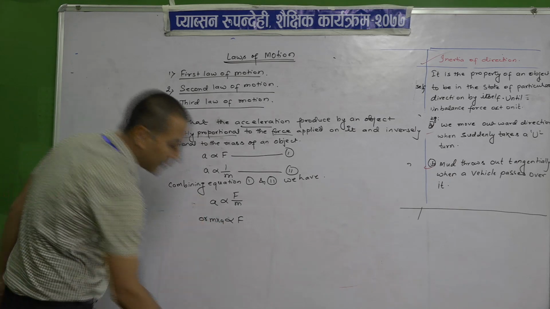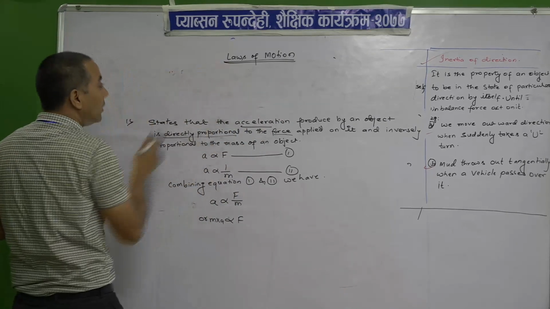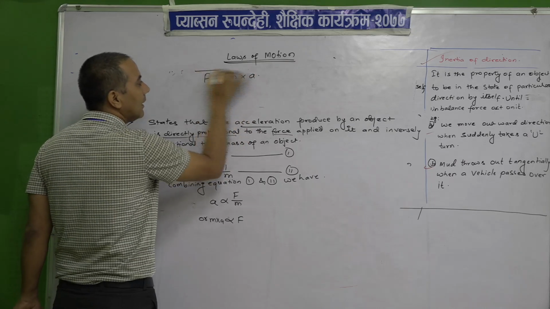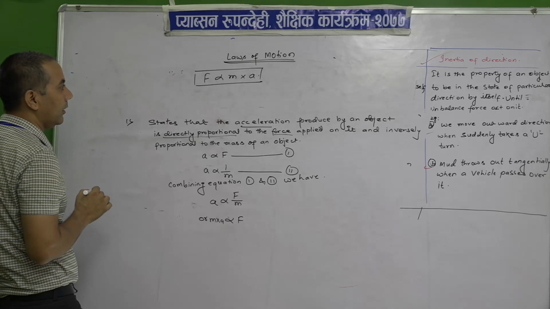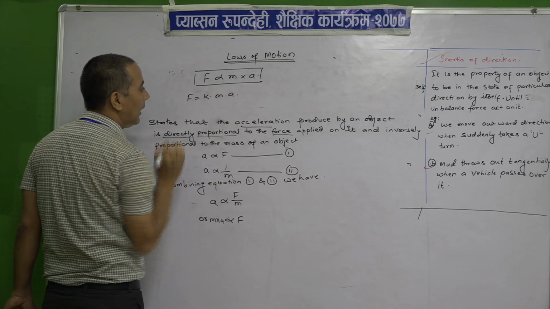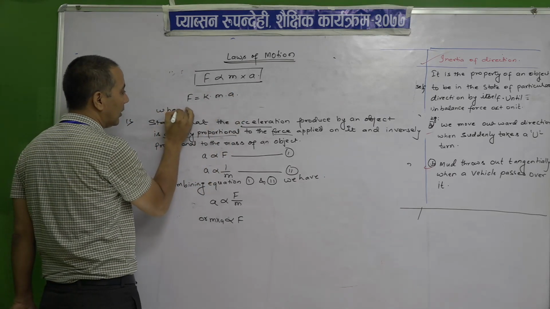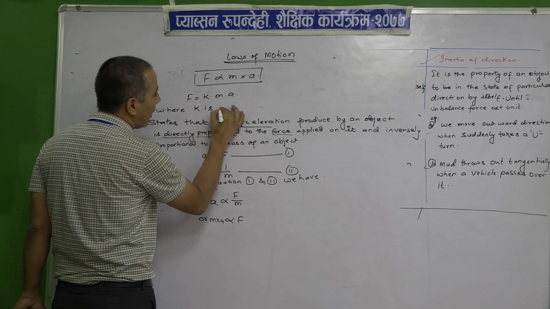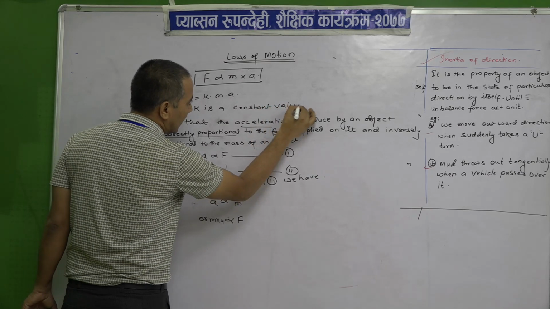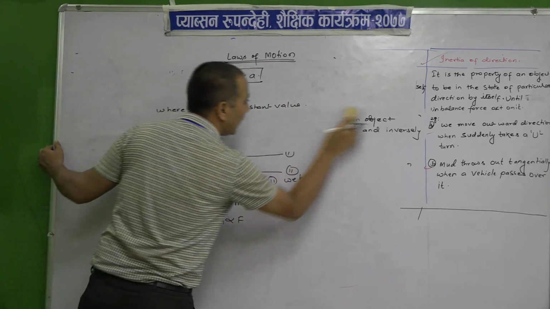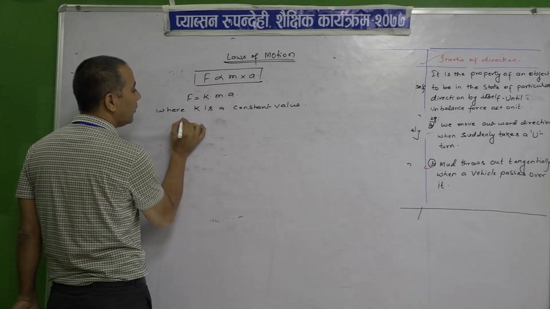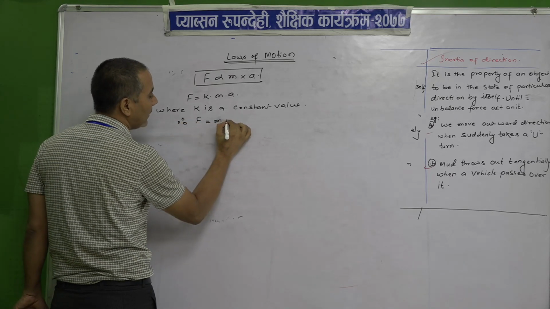So F is directly proportional to the product of mass and acceleration of the body. Therefore, F equals k into m into a, where k is a constant value. Therefore, F equals m into a.